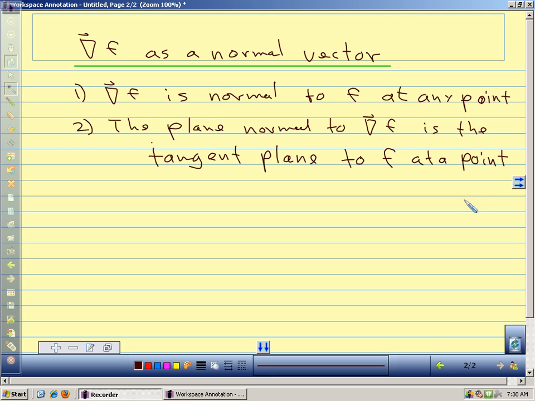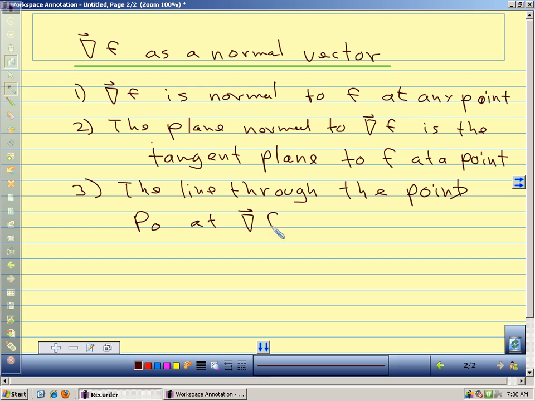So the gradient del f gives us our normal vector to our tangent plane. And the line through the point, we're going to call it P0, in the direction of del f of P0, is the normal line to the surface.